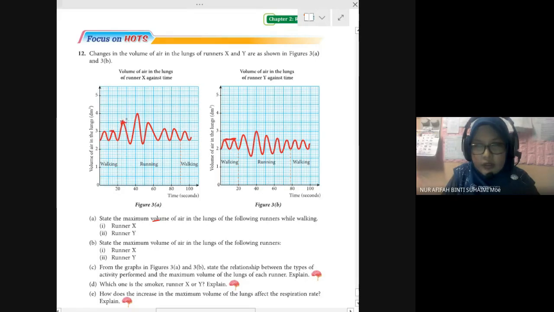Ini tak ada salah. Okay. So running dia start 20 until 90 running. This is walking. This running. So kalau bila tengok graf, perhatikan betul-betul x-axis and y-axis.